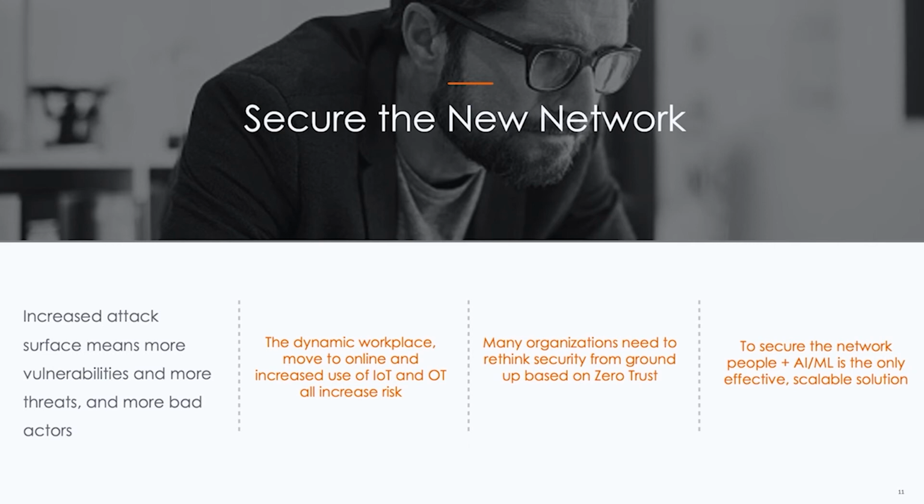So using things like multi-factor authentication, using things like micro-segmentation to defend small asset segments of the network, these are absolutely critical. It's critical because we are seeing so much more data on the network, so many more users on the network, and so many more devices on the network. One of the significant shifts we've seen over the last few years is the adoption of Internet of Things devices and operational technologies.